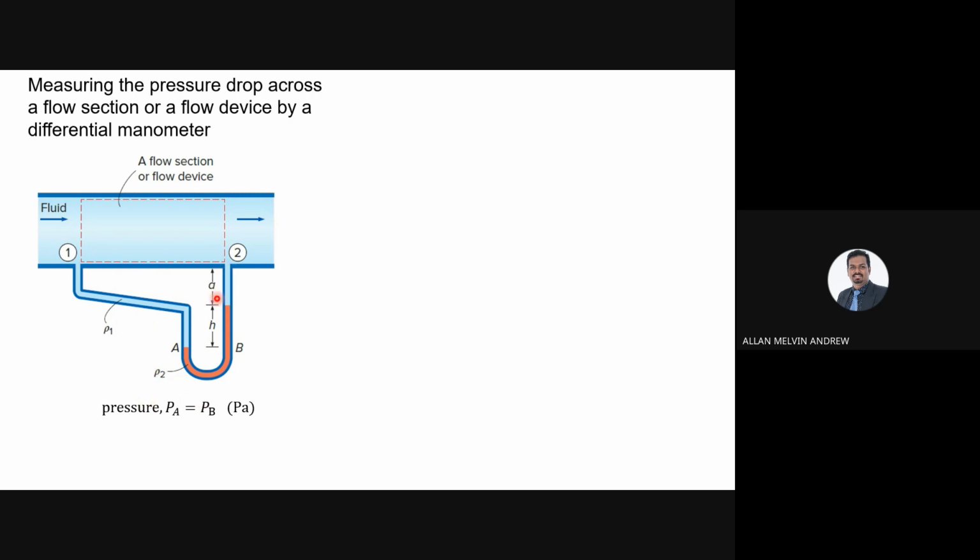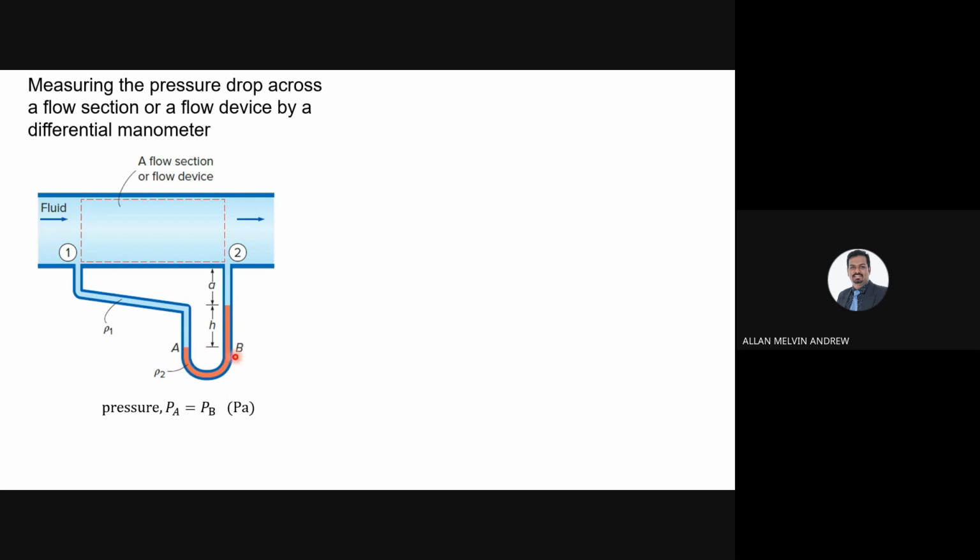Okay, so here you have A, that's the height from this line to this line, and H is from this line to this line. So we start with the first assumption, where the pressure at these 2 points A and B is the same.